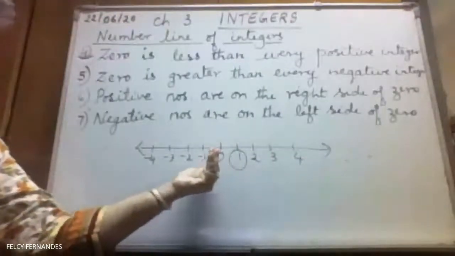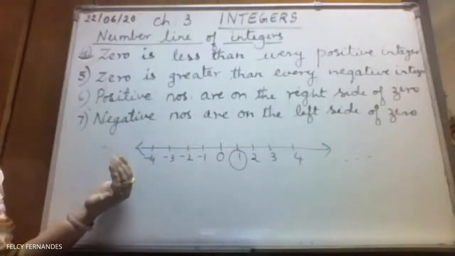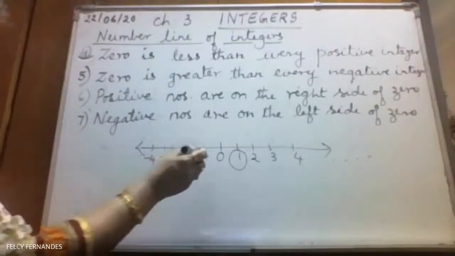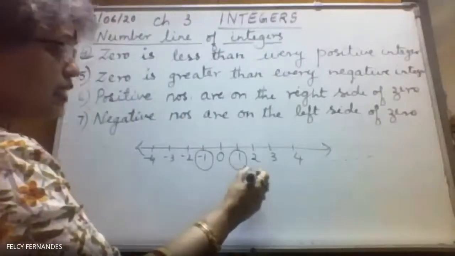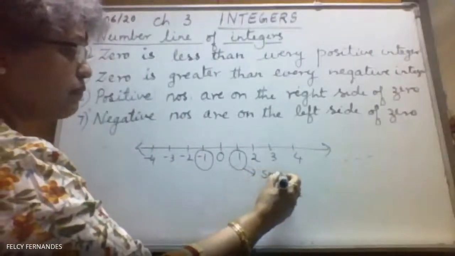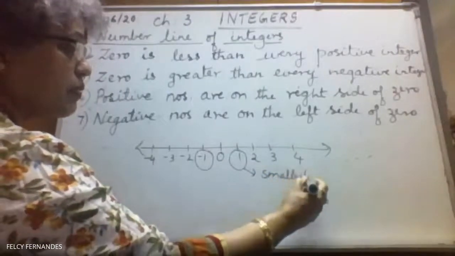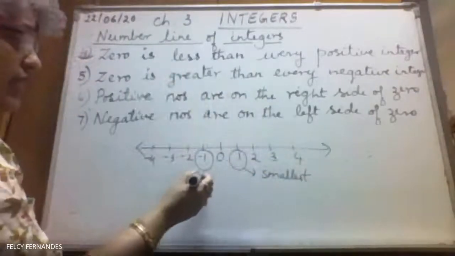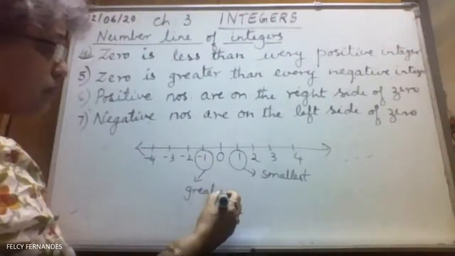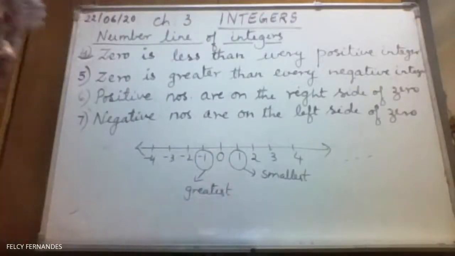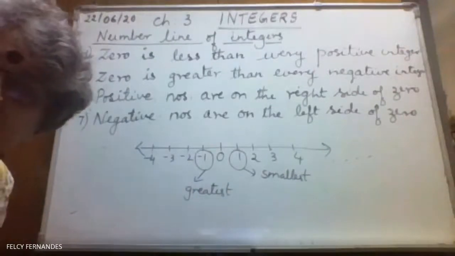Now we come back to the negative side. My greatest negative integer is -1. This is my smallest positive integer and this is my greatest negative integer.